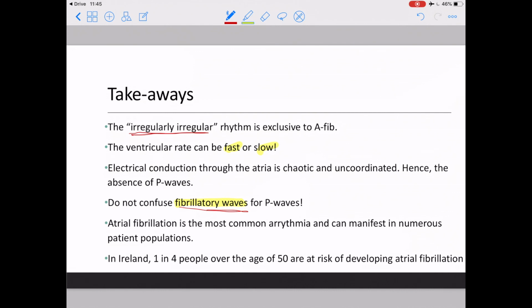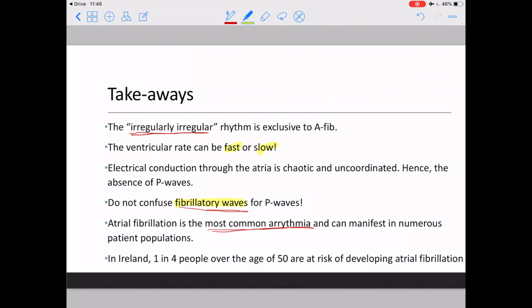So atrial fibrillation is the most common arrhythmia. It can manifest in numerous patient populations. As we mentioned before, there were a ton of different risk factors, from structural, congenital abnormalities to lifestyle factors such as alcohol and smoking. So there are a lot of ways that someone can actually get atrial fibrillation.